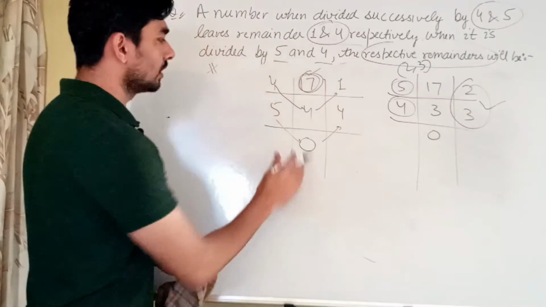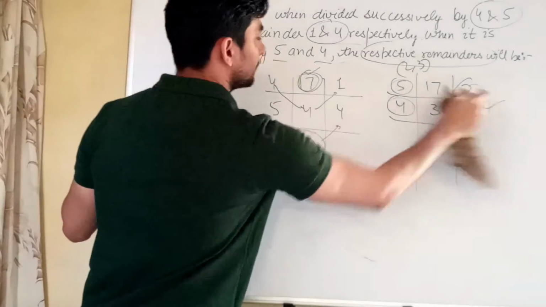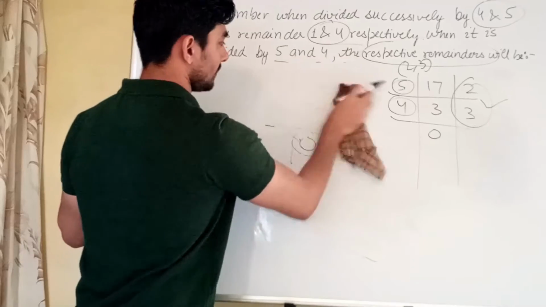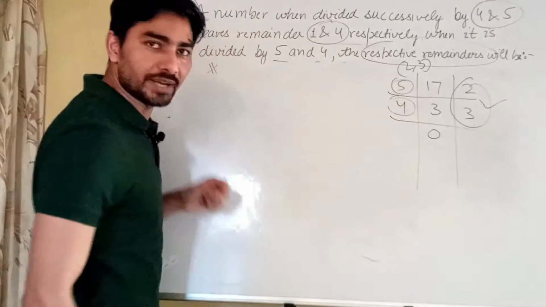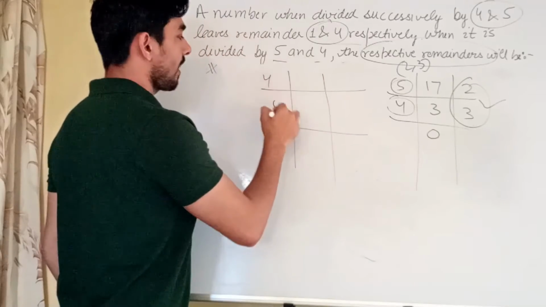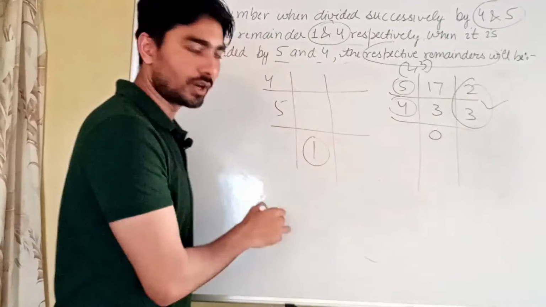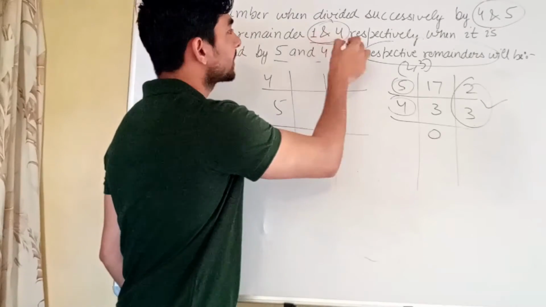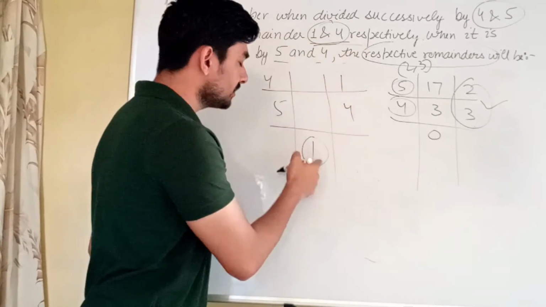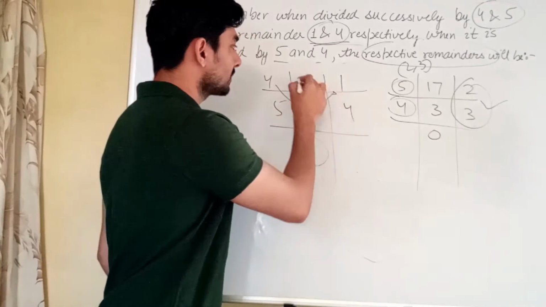I can also take 1 here, and the answer will be the same, 2 and 3. Let's see. If I take the final quotient as 1, 5 times 1 is 5 and our respective remainders are 1 and 4. 5 plus 4 is 9, 4 times 9 is 36, 36 plus 1 is 37.